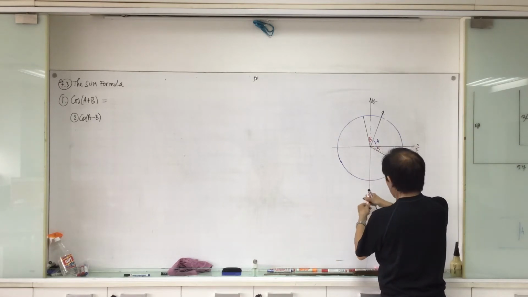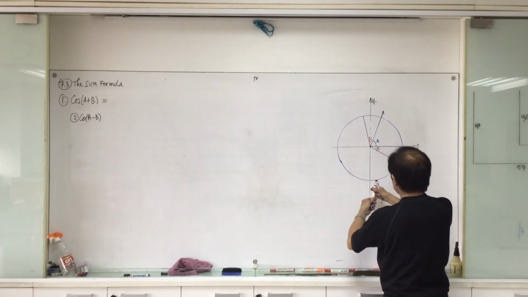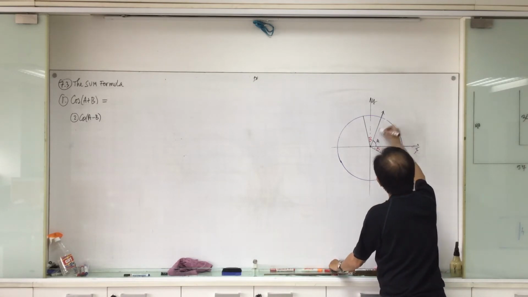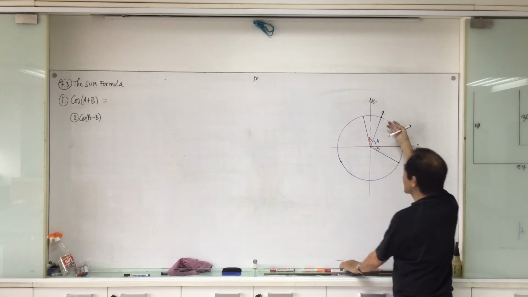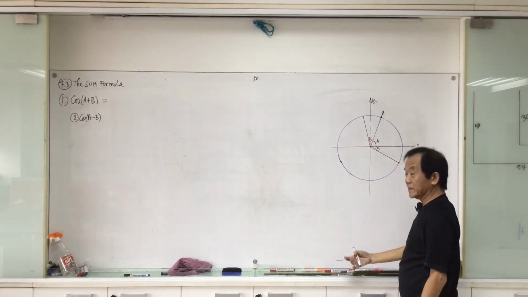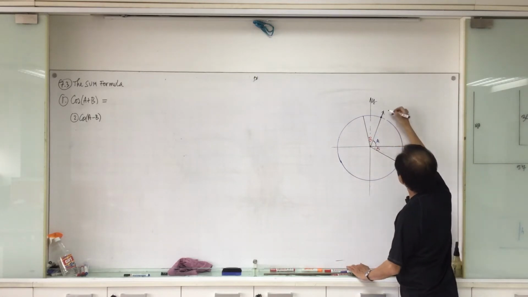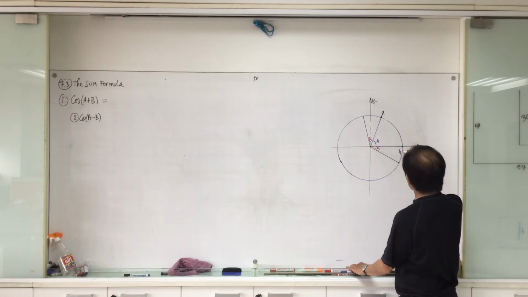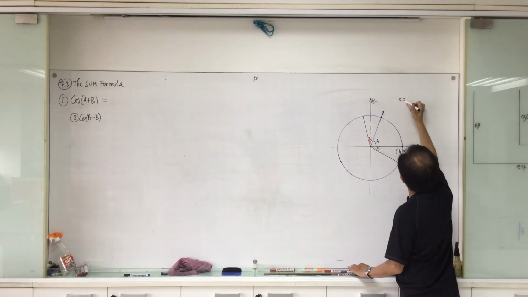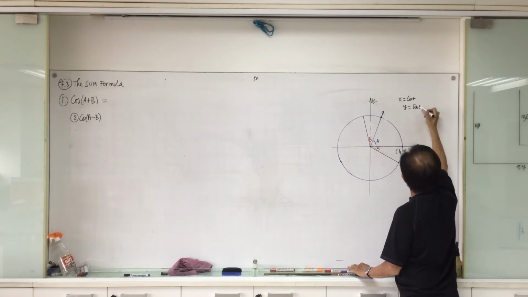Okay, so now the point here, x and y, can be represented by the trigonometric functions, right? I put this on the unit circle. So on the unit circle, x equals cosine theta and y equals sine theta.